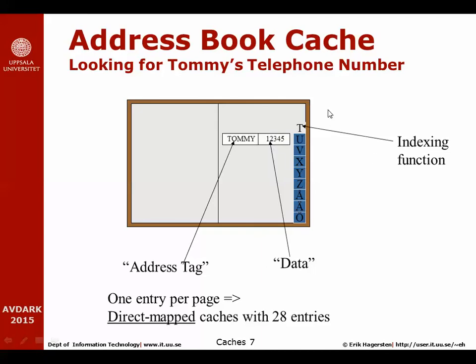So if you have a telephone book like this, where you can only write a single name on each page, we have what's called a direct mapped cache with 28 entries if you use the Swedish alphabet. It's a direct mapped cache, which means that there is only one place where each piece of information may reside. So you don't have to search this page, you use the index function, and you can directly determine by looking at the single entry here if the telephone number you're looking for resides there or not.